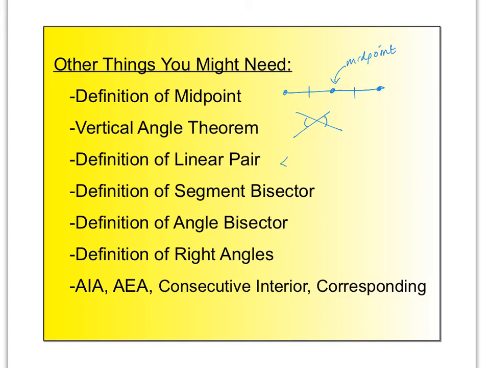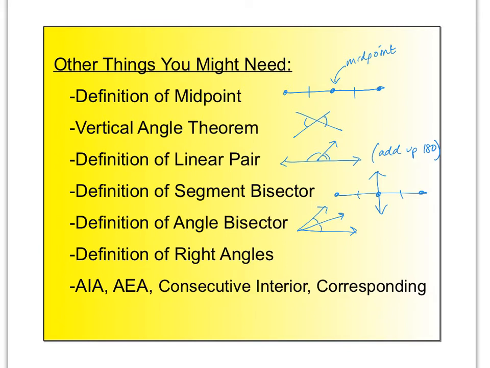Definition of a linear pair. Remember, the definition of a linear pair is you're going to have two adjacent angles that are supplementary. And just to remember, they add up to 180. Definition of a segment bisector. So if you have a segment and it gets bisected, it gets cut in half, kind of like a midpoint. That line might go through the midpoint. If you have an angle bisector, so if you have an angle and then you bisect it, that means you cut it in half.